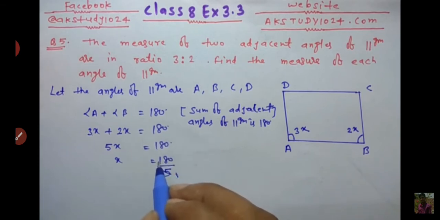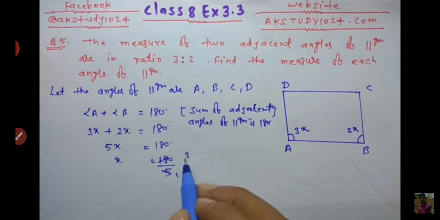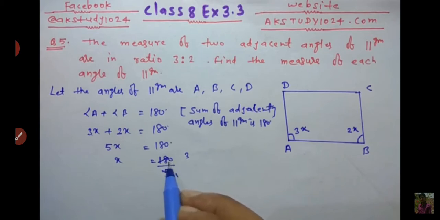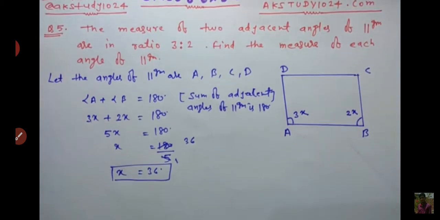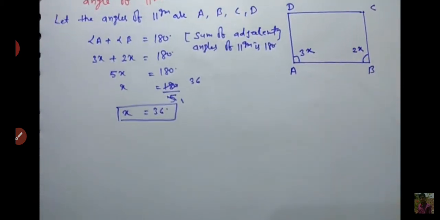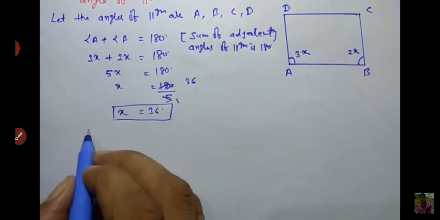So our answer is 36. So x is equal to 36. What is the measure of the angles? 3 into x means 3 into 36, and 2 into x means 2 into 36.